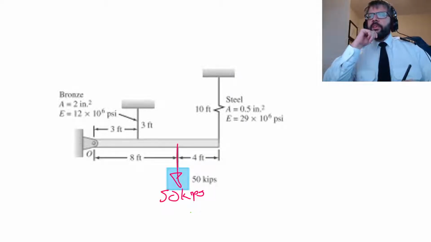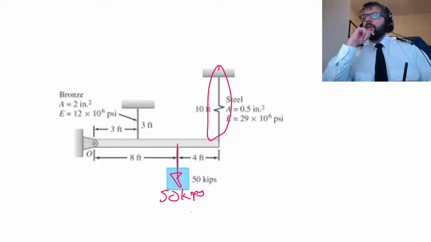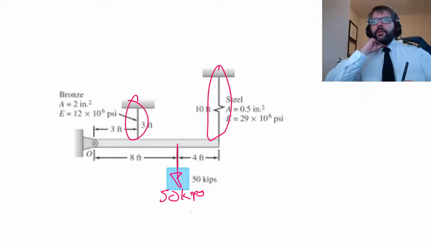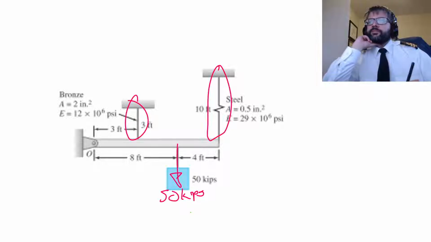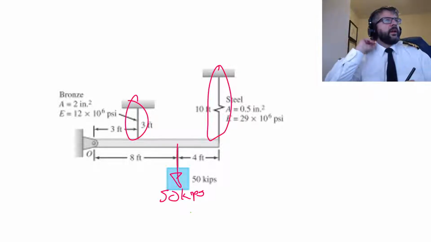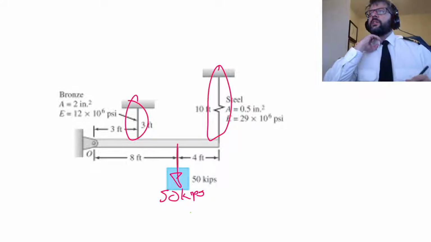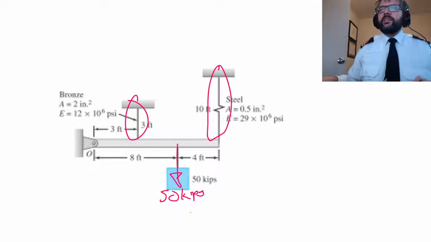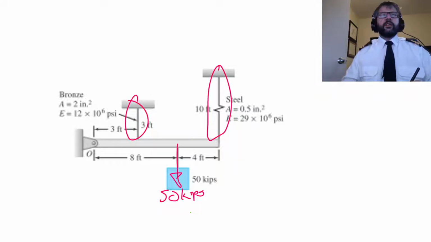And here we're told that this beam is rigid, and then it's supported by 2 rods. And those rods are not rigid, so they are going to flex. Essentially, we can relate how much they're going to flex just based upon the geometry.